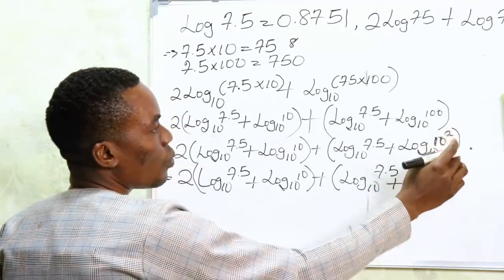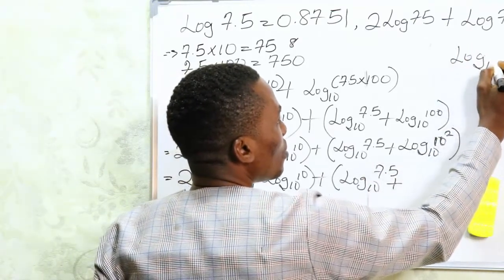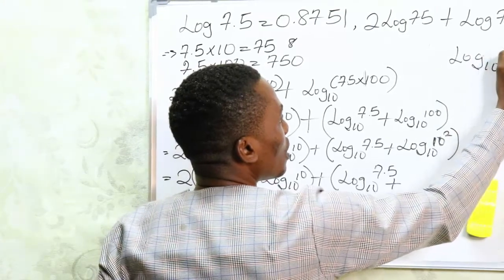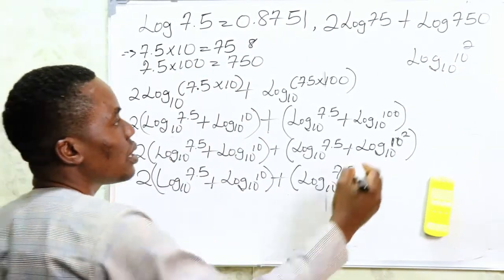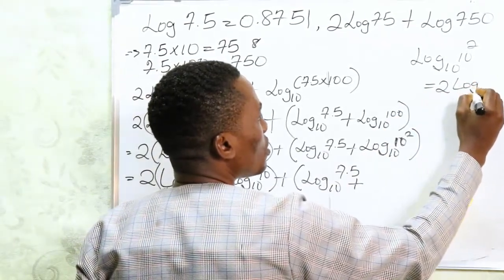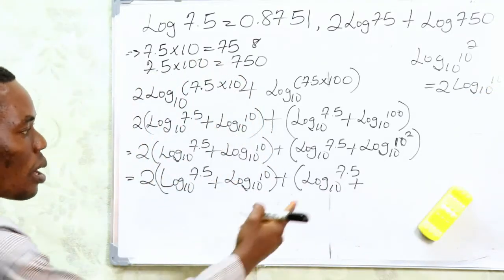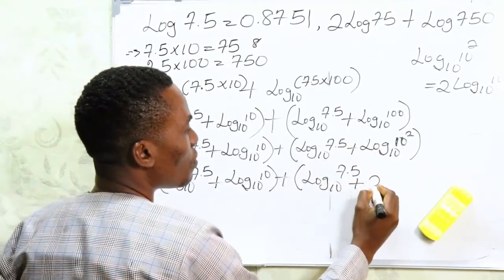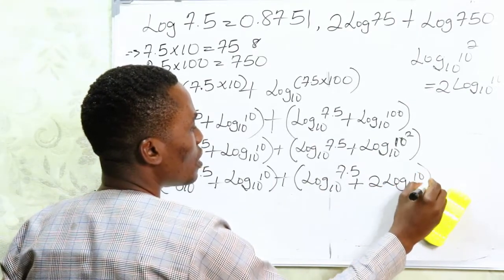Plus, when we have something like this, log of 10 raised to power 2 base 10, it can still be equal to 2. So if we apply that here, we're going to have 2 log of 10 base 10.